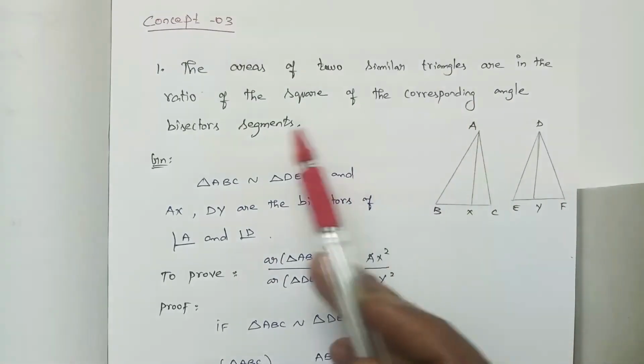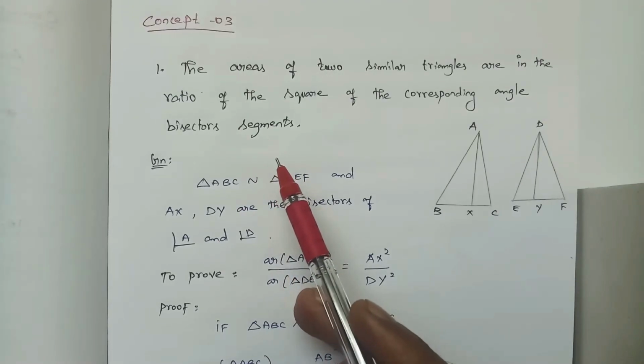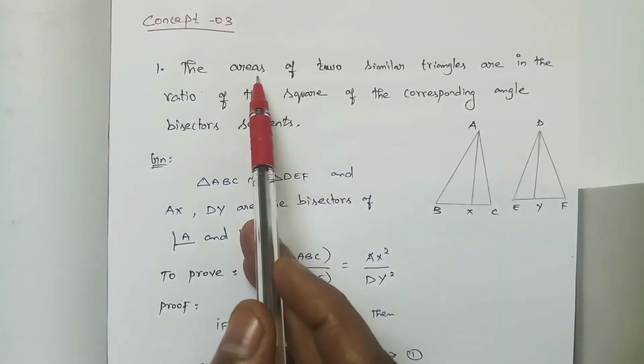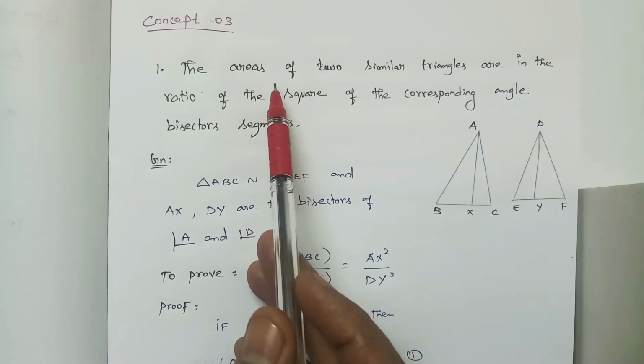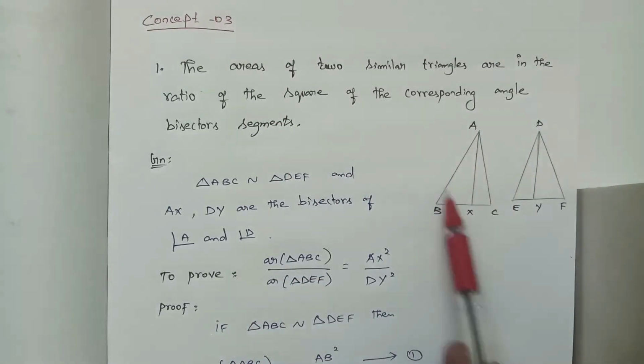Actually, before starting this question, we saw one statement. That statement is that if the two triangles are similar, then the ratio of the area of two triangles will be equal to the square of the ratio of their corresponding sides.